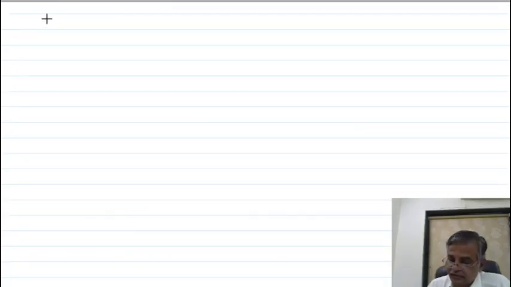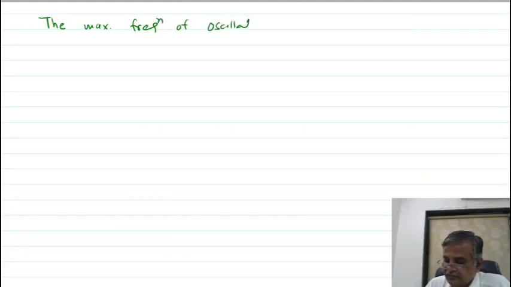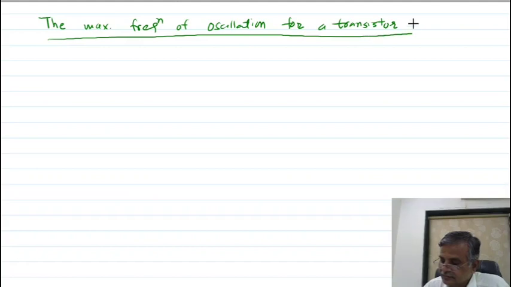Let us discuss one more topic, the maximum frequency of oscillation for a given transistor. We know that the frequency of oscillation depends upon the transistor and its associated circuit.